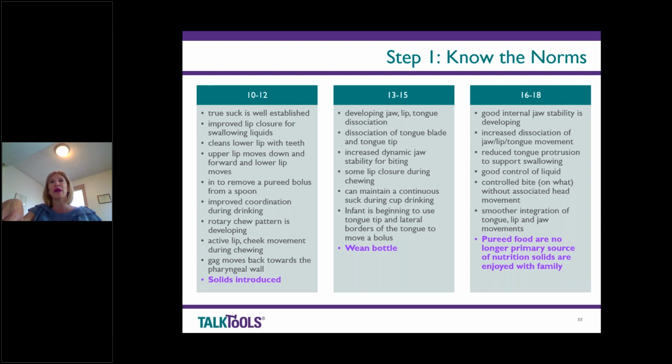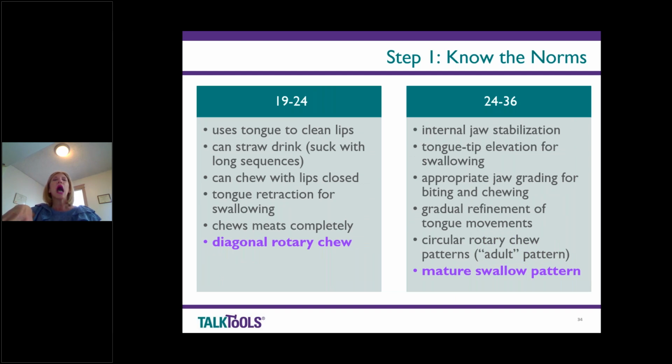Toddlers are starting to enjoy family meals. By 19 to 24 months, they're able to chew almost all textures. Of course, we're not going to give choke risks like popcorn and grapes with skin, but there's that diagonal rotary chewing pattern that's allowing even meats to be chewed correctly.